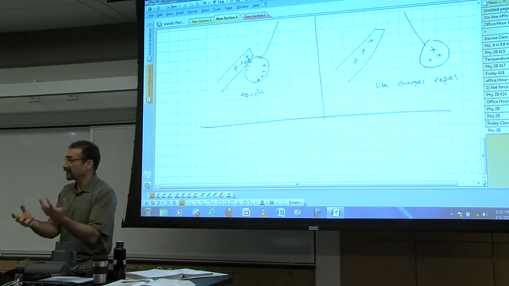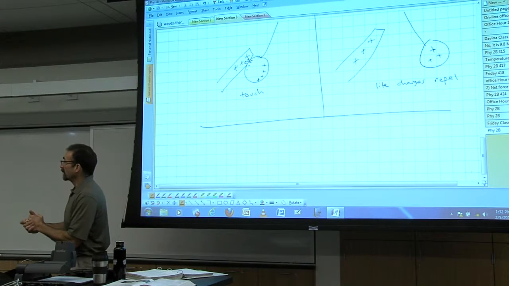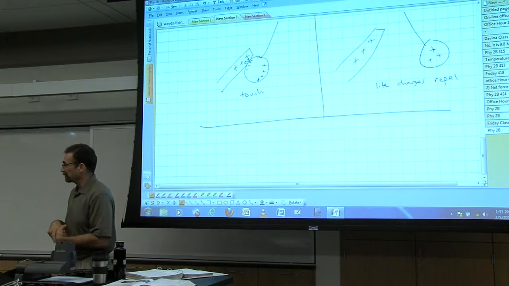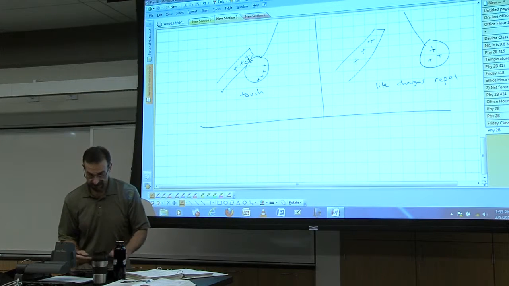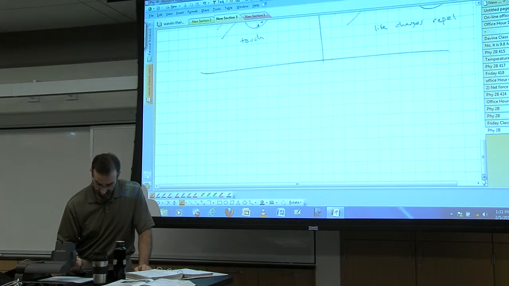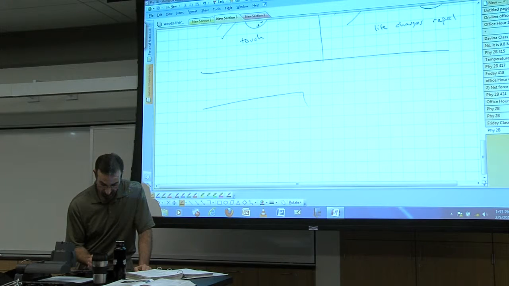You exert a force on something, and it can move, it's going to move. But what happens with an insulator? What happens if we hold our charged rod, doesn't matter, negative, positive, over a piece of paper?